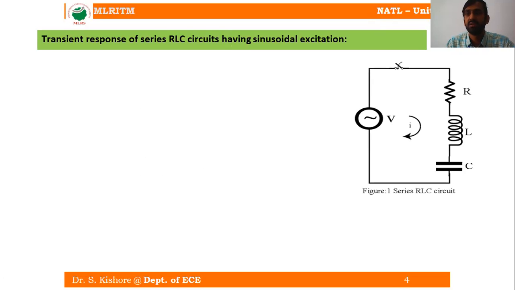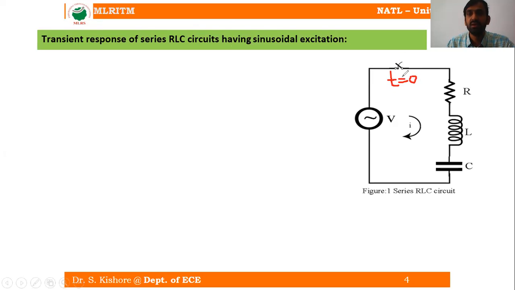So for this, let us consider our circuit, that is the series RLC circuit as shown in this figure. So you can see here at t is equal to 0 minus, the switch is open. Let us consider at time instance t is equal to 0, the switch is closed.